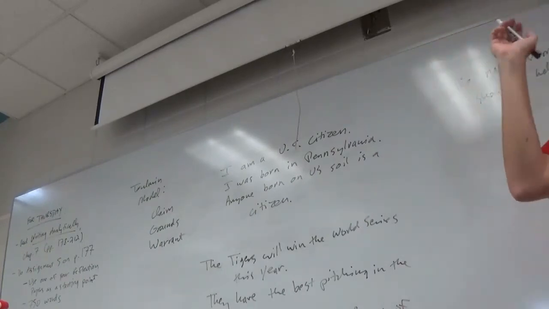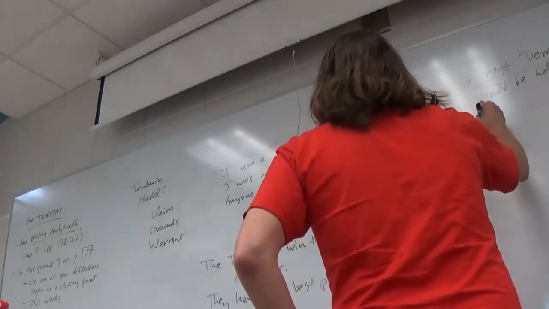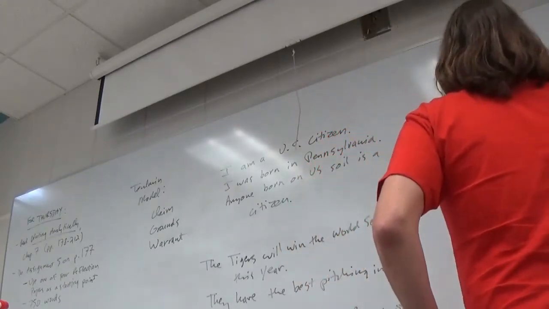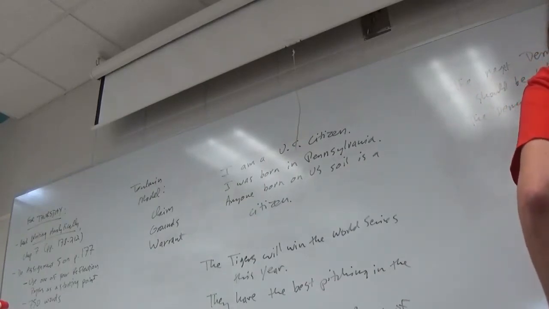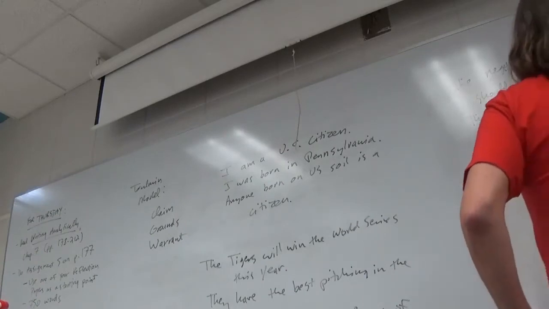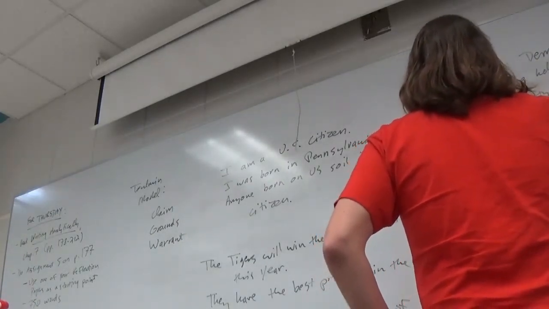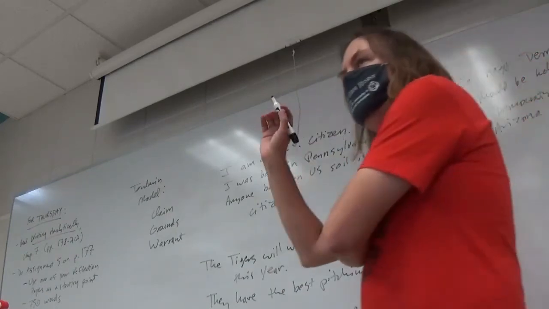And the grounds I'm going to use for making this claim is that the Democrats narrowly won Georgia and Arizona in 2020. So what would be my warrant for making this claim based on these grounds?